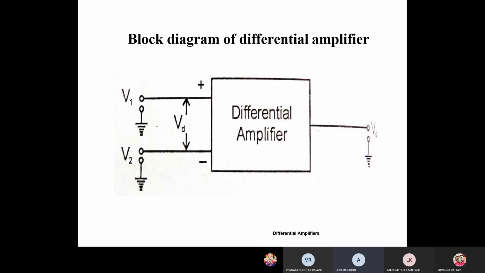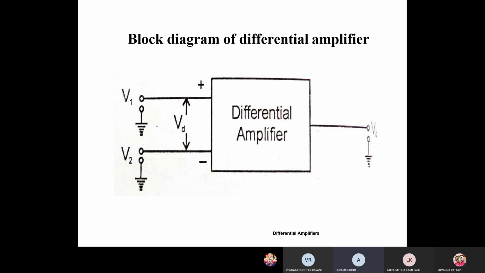The main components required are the first input voltage and the second input voltage, V1 and V2, and between the input and the differential amplifier we also have some stages to obtain the difference between the first and second input.